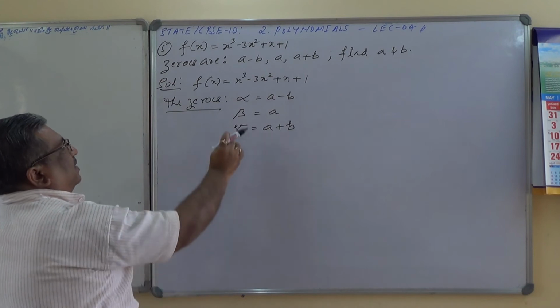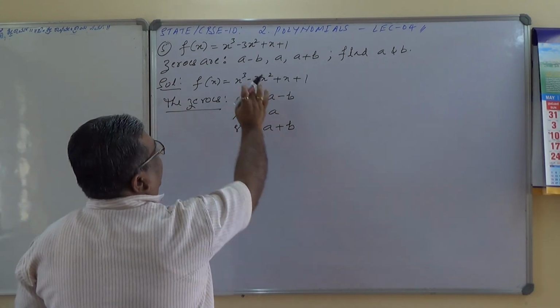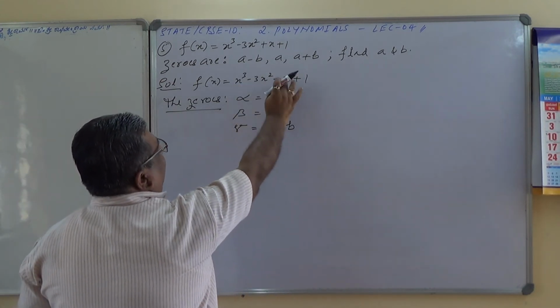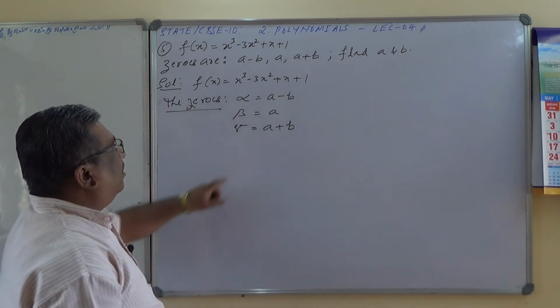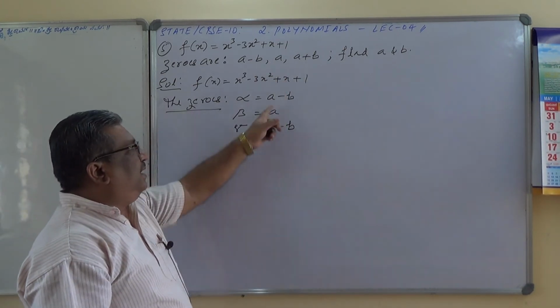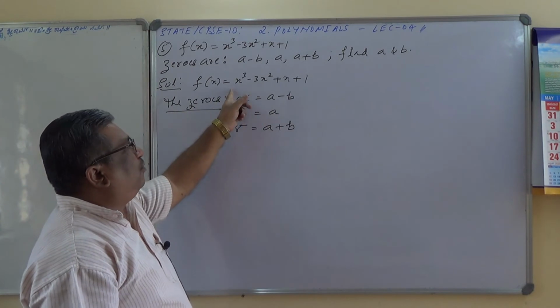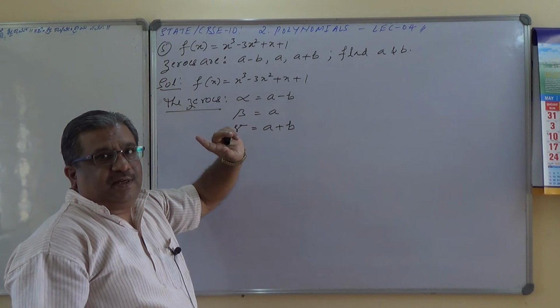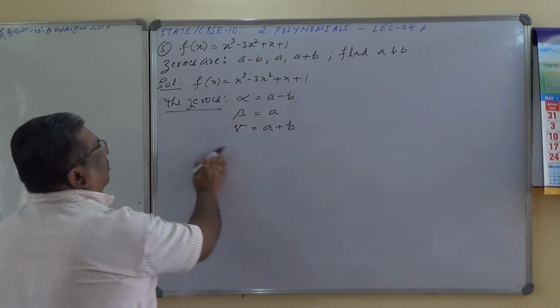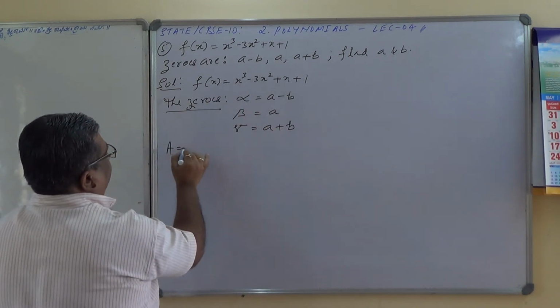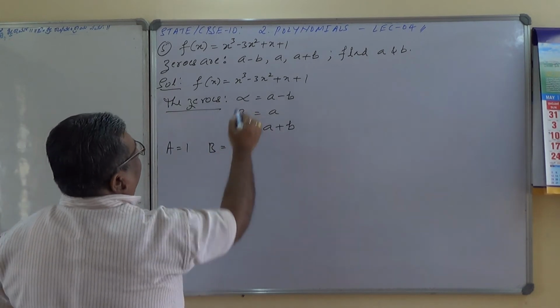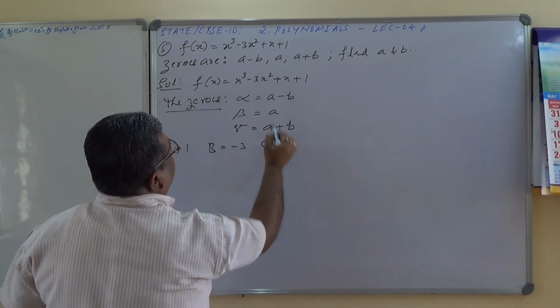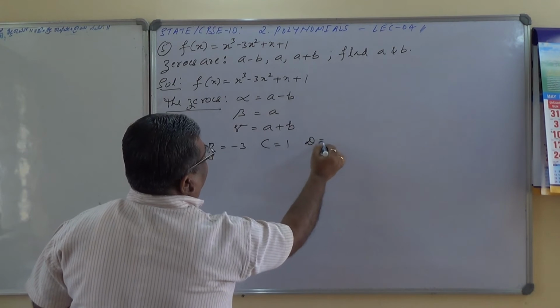In order to establish the relation between zeros and coefficients, I must populate the values of A, B, C from here also. Now, in order to eliminate the confusion between these a, b and the coefficients, I am using capital letters for coefficients. So the coefficients A equals 1, B equals minus 3, C equals 1 and D equals 1.